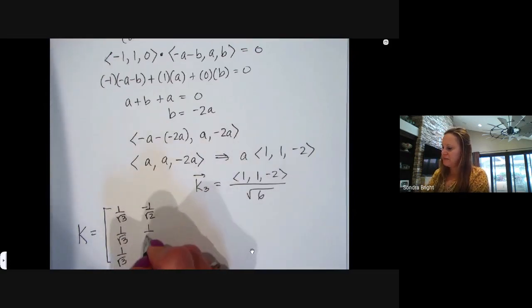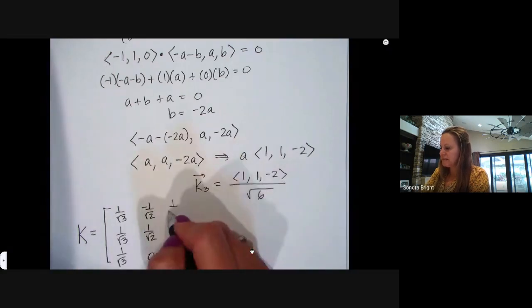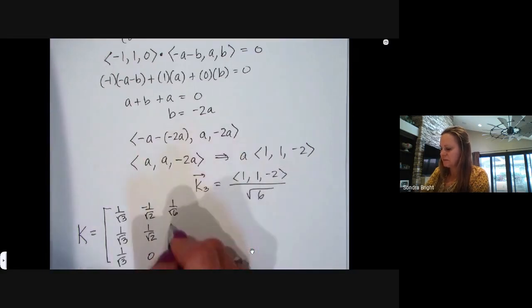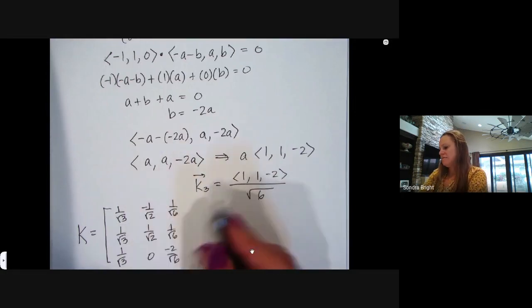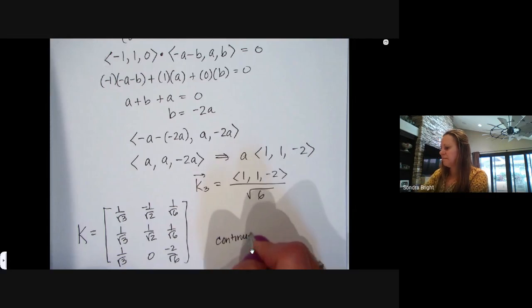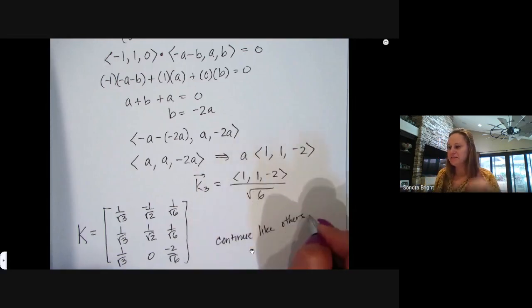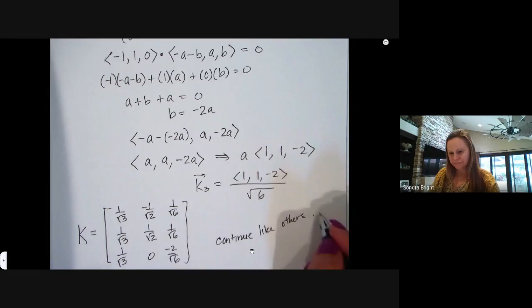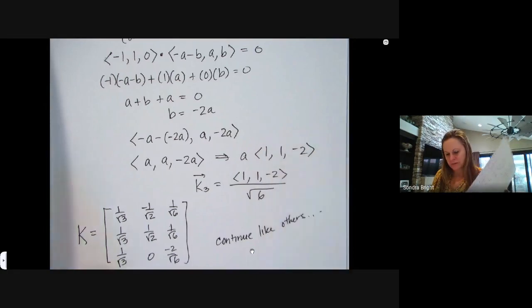And then K3, 1 over root 6, 1 over root 6, and negative 2 over root 6. And then you'll just continue like the others. Your D is your eigenvalues.